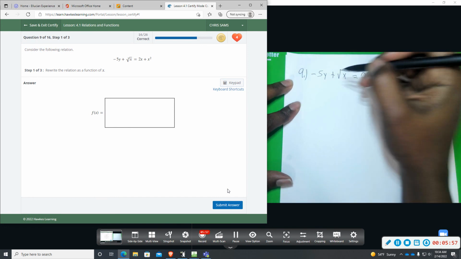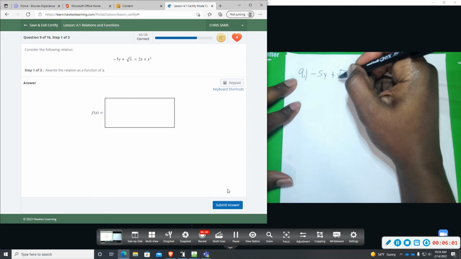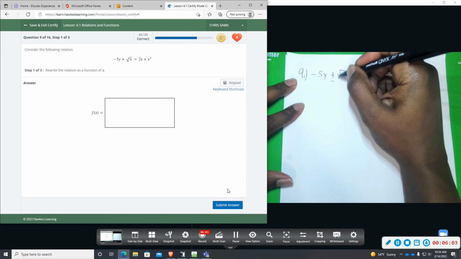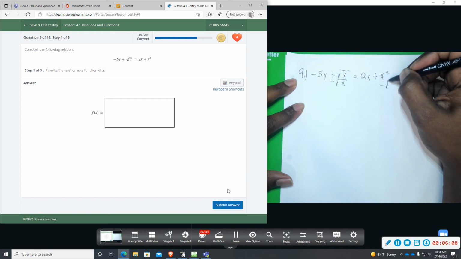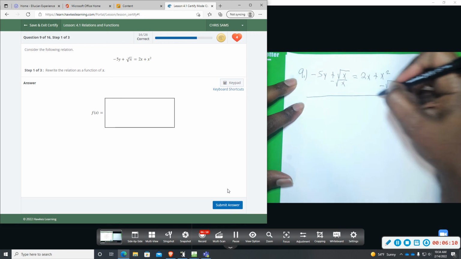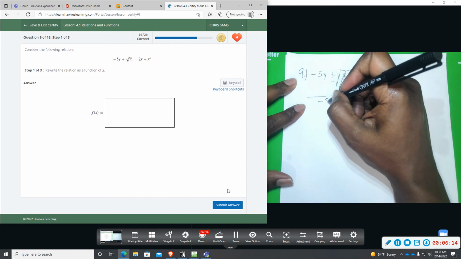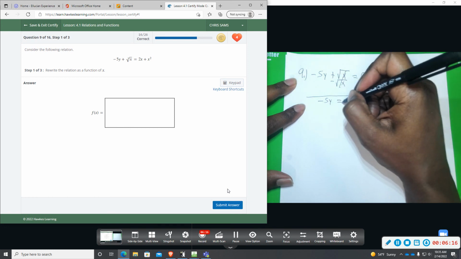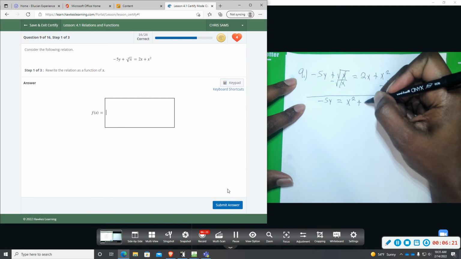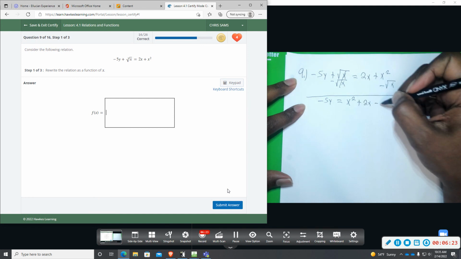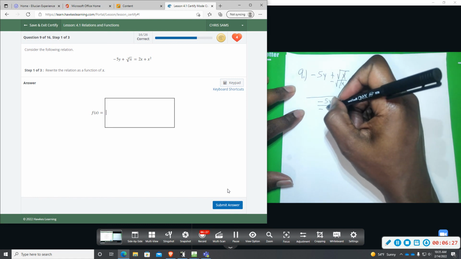All right, so to solve this, we are going to move the x squared over. So we're going to subtract x squared. Oh, so not x squared, the square root of x. Subtract the square root of x. I'm going to rearrange this and put it in order from largest to smallest degree. So negative 5y equals, I'm going to put the x squared up front, and then plus 2x, and then minus square root of x. And then we're going to divide everything by negative 5.